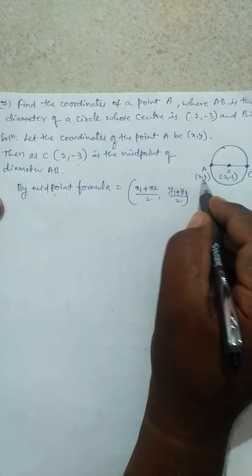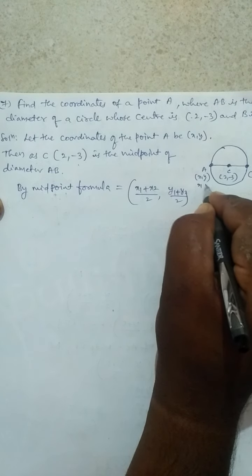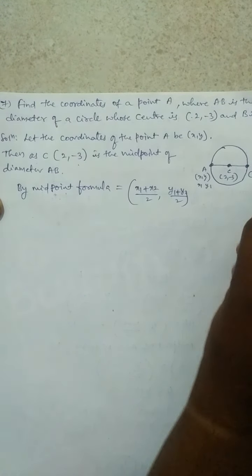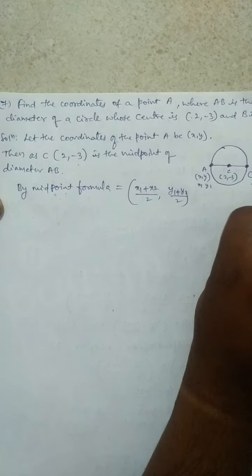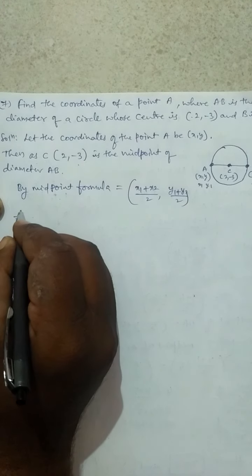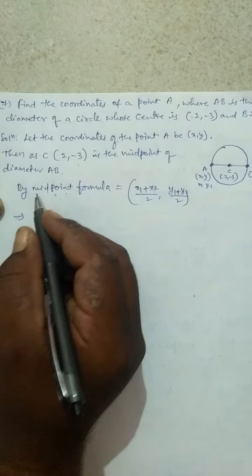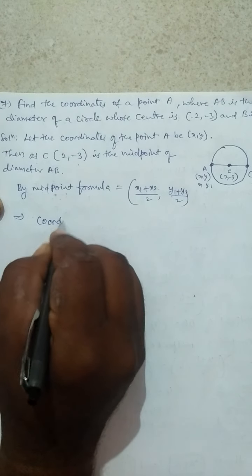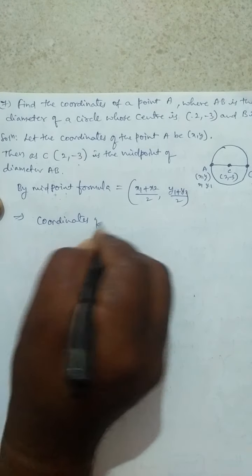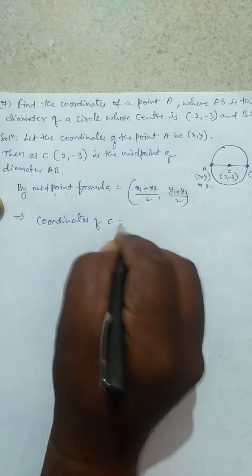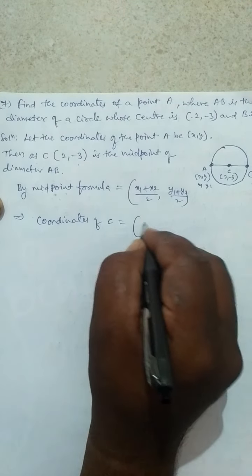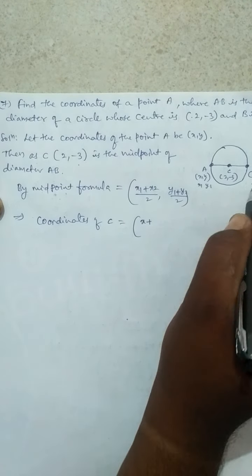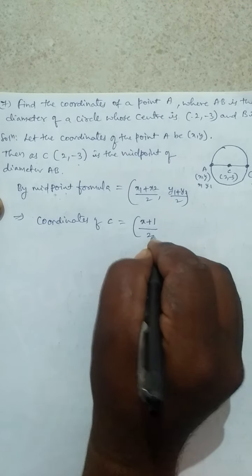Here this point A is x1, y1, and this is x2, y2. In the same way, the coordinates of point C are equal to: here x1 is x, plus x2 is 1, divided by 2.